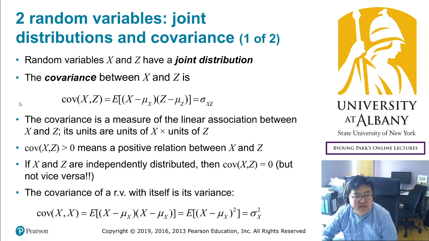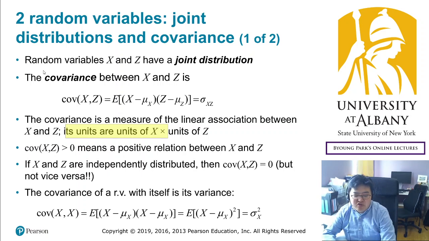The problem here is that it's not unit free. That makes the measure a little bit less convenient to use. For example, when you multiply x by 10, the covariance will also be multiplied by 10.